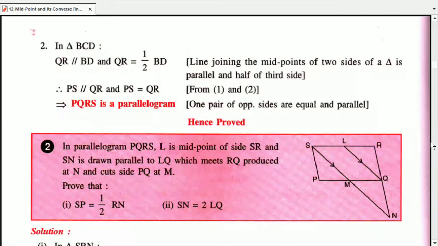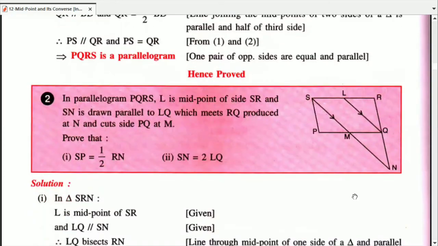Now we will go to the second one. What second one have they given? That we have to prove that SN is twice LQ. Now from the first equation we have proven that Q is a midpoint of RN, and L is a midpoint of SR, which is given to us.